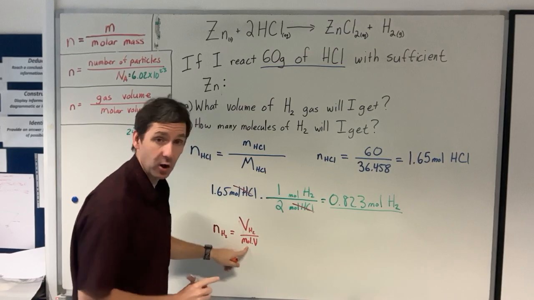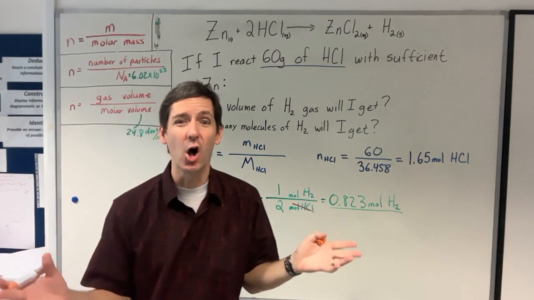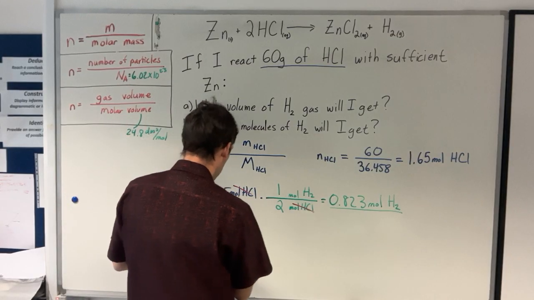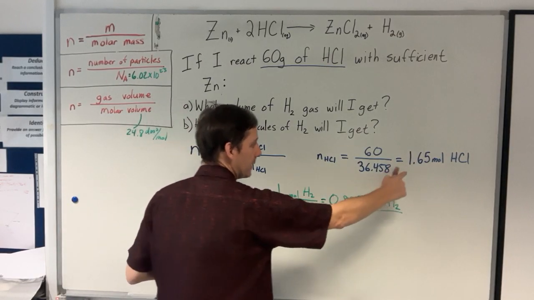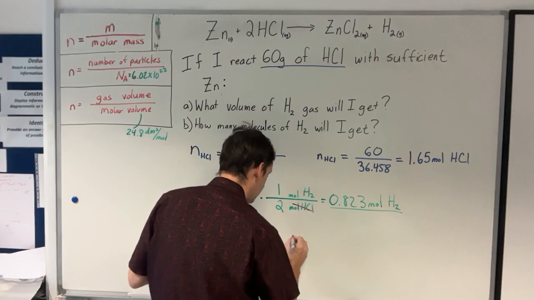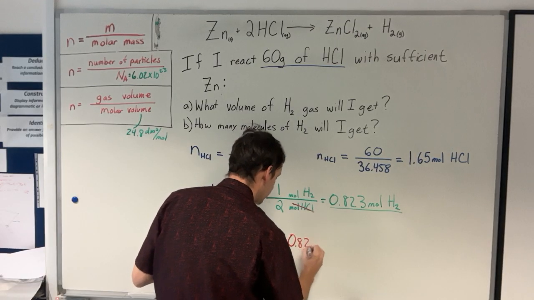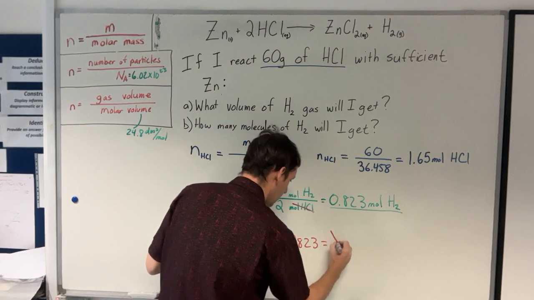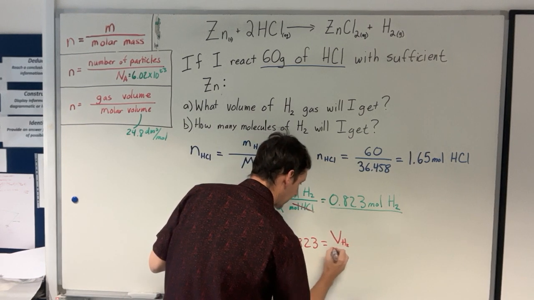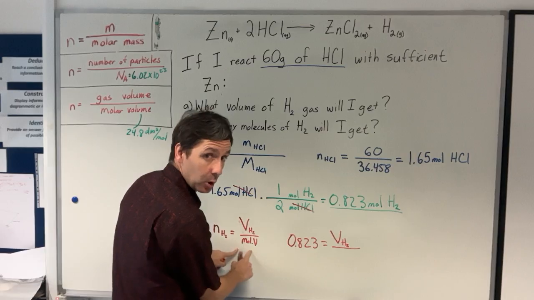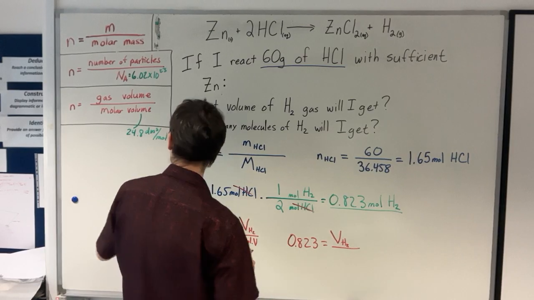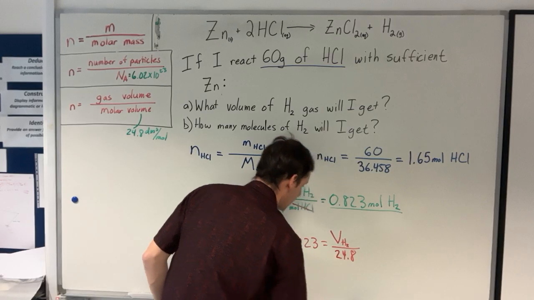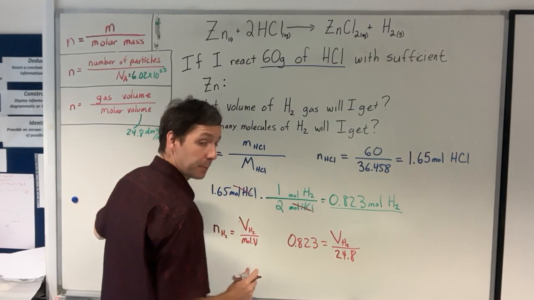Now, that's not the molar volume of H2, that's the molar volume of all gases at SATP. I know the moles of H2, so I'm going to put that in: 0.823 equals the volume of H2, that's what I'm looking for, divided by the molar volume, which is on my formula sheet, 24.8 decimeters cubed per mole.